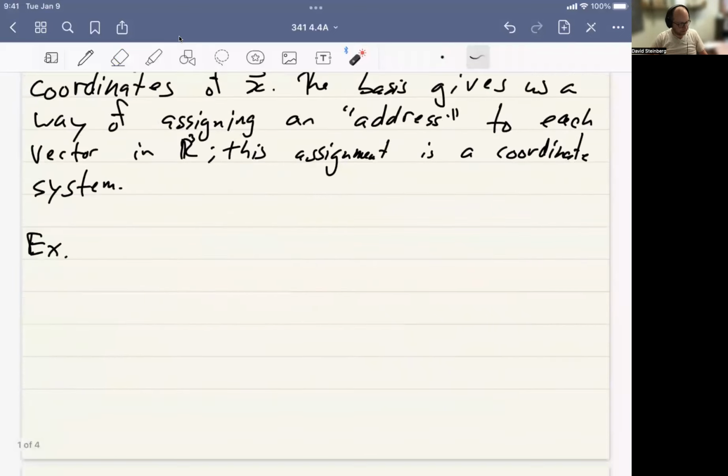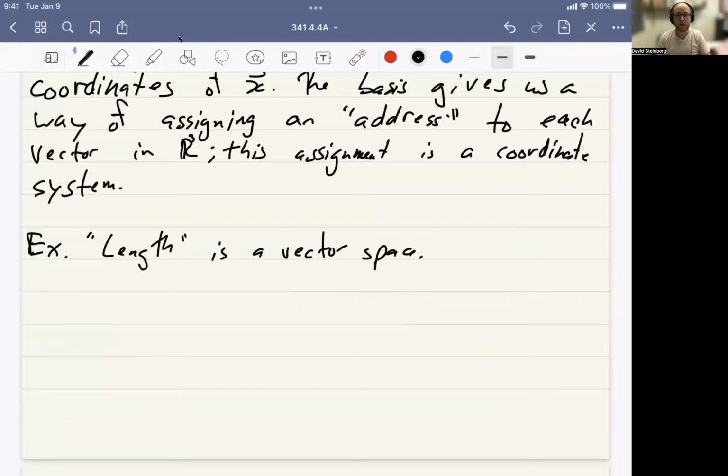So let's do a quick example. Here's one from life, more than it is out of mathematics, but it's a good example, I think, illustrating what we're talking about. So length is a vector space. You can add lengths, you can scale them by real numbers.